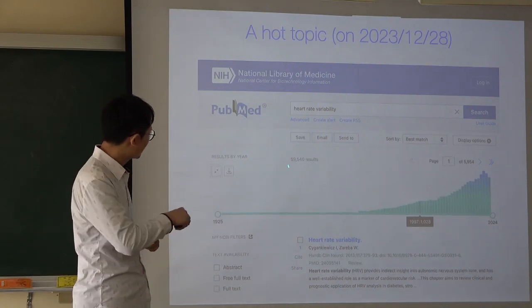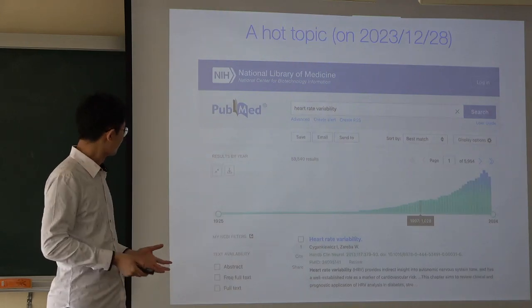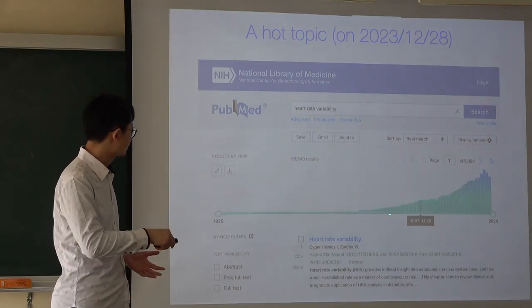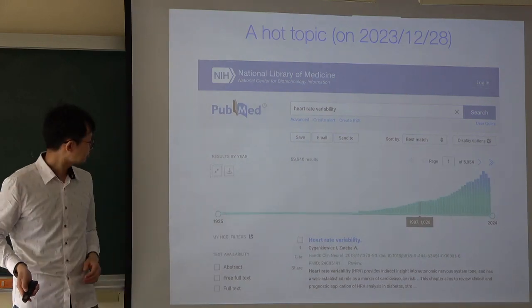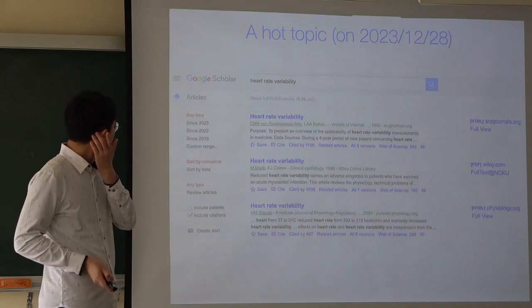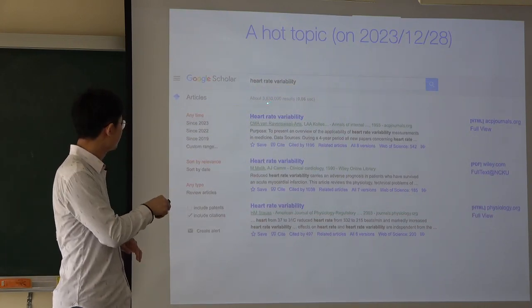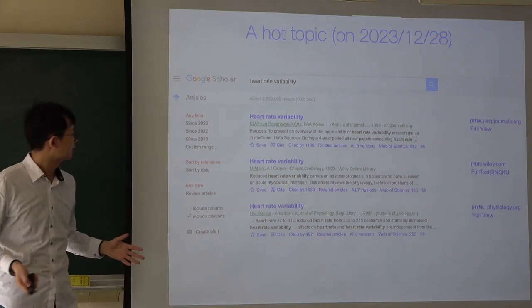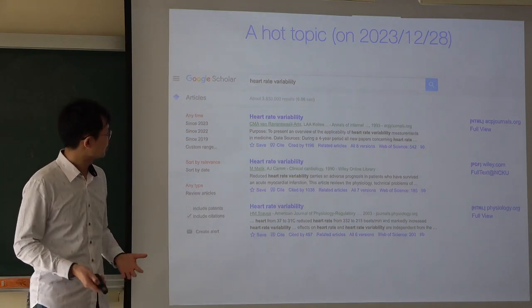You can see there are almost 60,000 papers, and it started to get hot since 1960. So that's a very active research field. And if you go to Google Scholar, you can see it is even 3 million results. It's a lot of people, a lot of related topics.